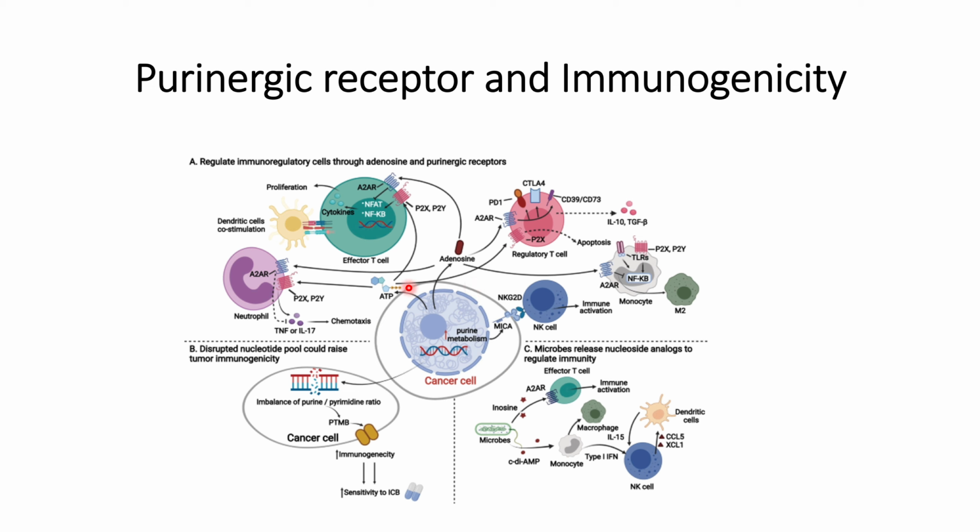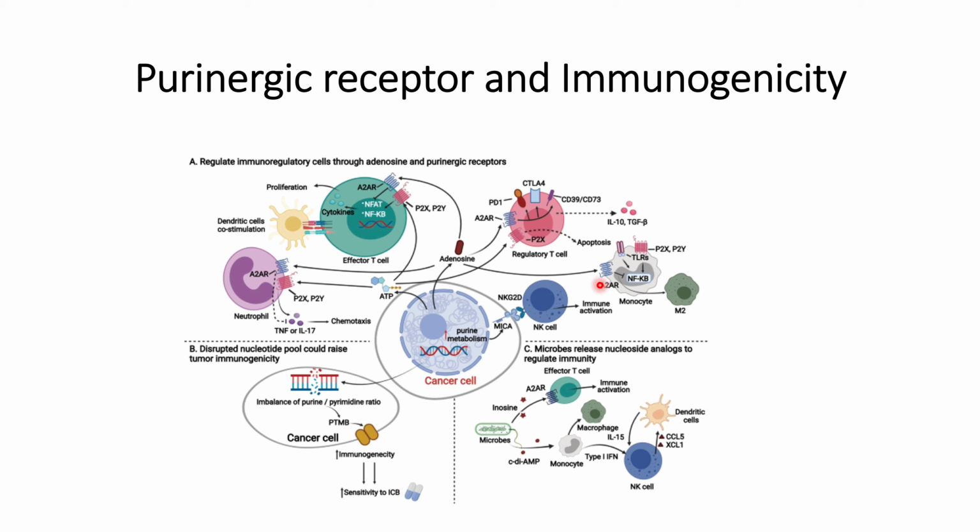And then the other thing that will promote the pro-tumorigenic effect is that these adenosines will interact with monocytes, and that will lead to M2 phenotype differentiation. We have discussed that M2 phenotype differentiation helps in the pro-tumorigenic effect by suppressing the immune response.